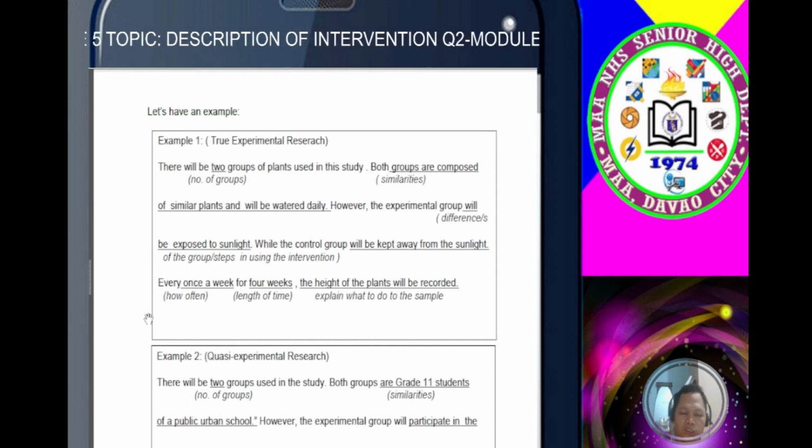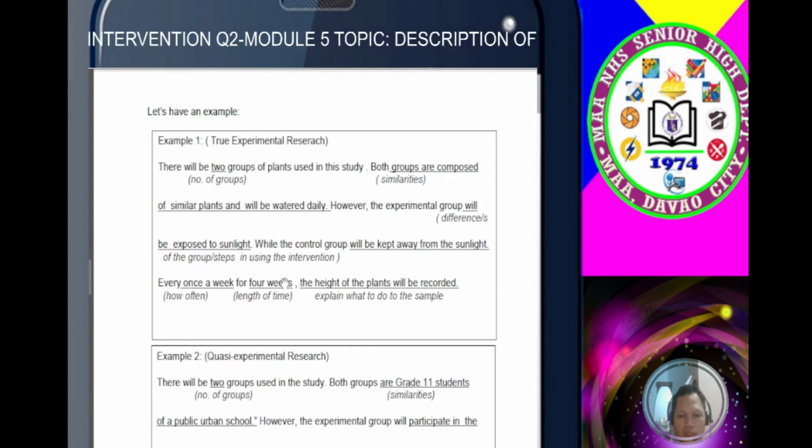Intro to experimental research. There will be two groups of plants used in the study. Both groups are composed of similar plants which will be watered daily. As you can see, it's stated here the similarities. However, the experimental group will be, this is the intervention, exposed to sunlight.